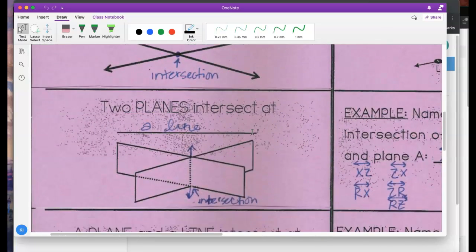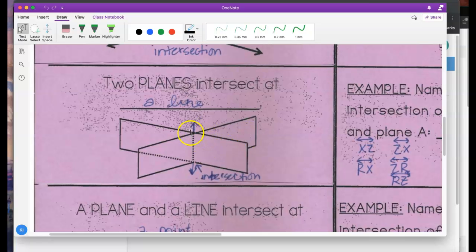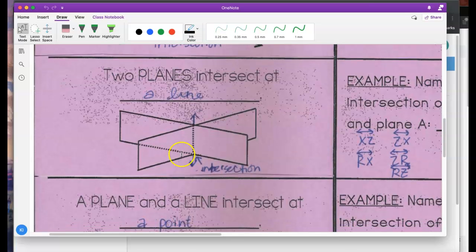All right, planes. Planes intersect, so think of two papers, or the spine of a book. If you see a dotted line in the picture, it's something you just can't see, like this back part of the plane.